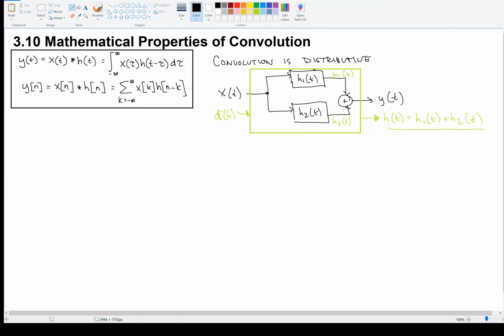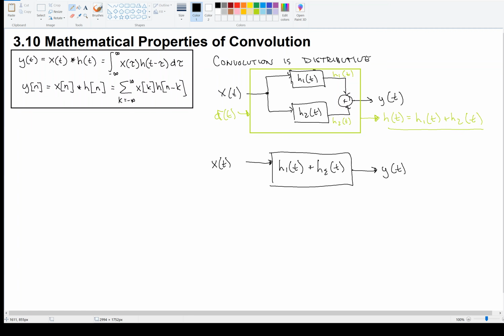Okay, so the distributive property then says that this situation is equivalent to one system whose impulse response is H1 plus H2.